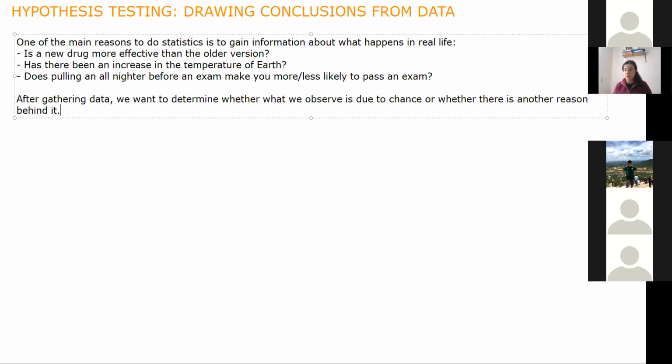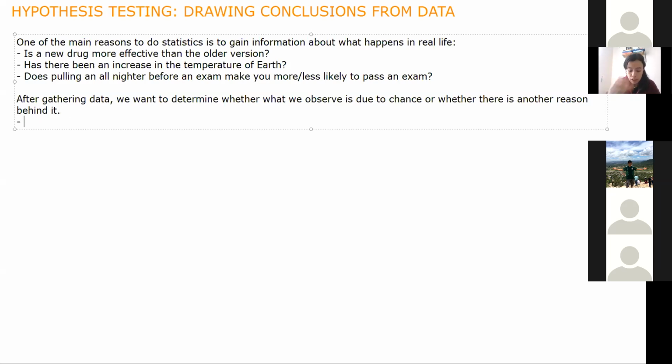Last week we said, okay, even if we know what the average of a given population is, we know that if we take samples, we should expect some kind of variability from our samples. Now, the question is, if I observe a given result from this data, is that result a consequence of just the variability that I should expect between one sample and another, or is the result actually caused by something else?